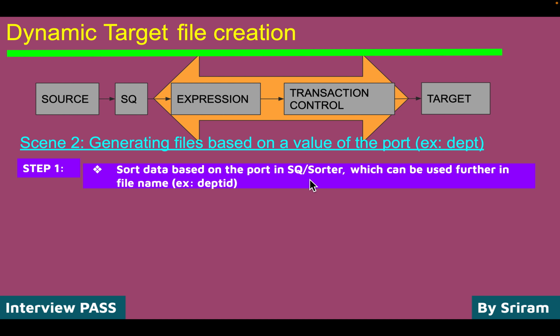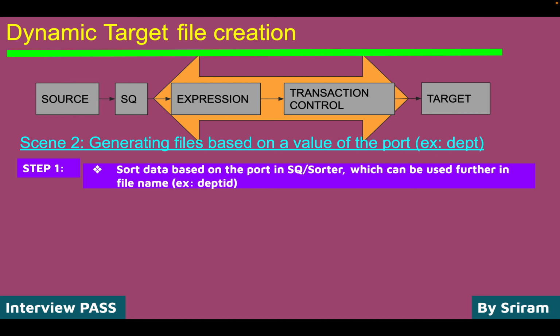So step 1, in the source qualifier itself, I will sort the data based on the port, or we will use a sorter if the source is a file. Here it is department ID, so the source qualifier has an order by condition in the source qualifier override, or I will use a sorter if it is a file.